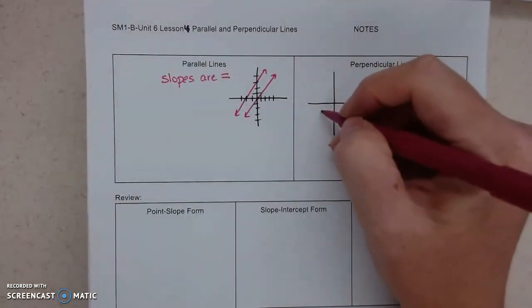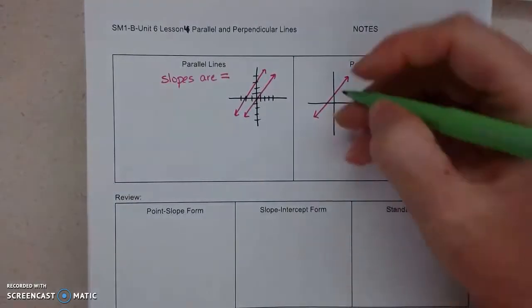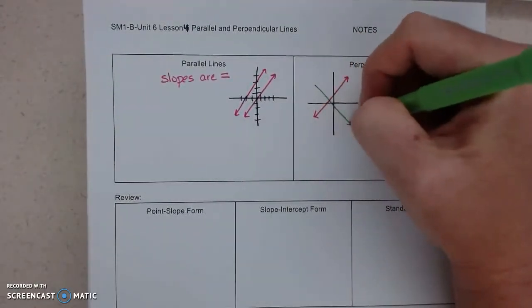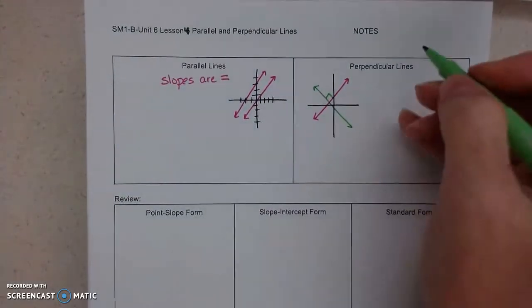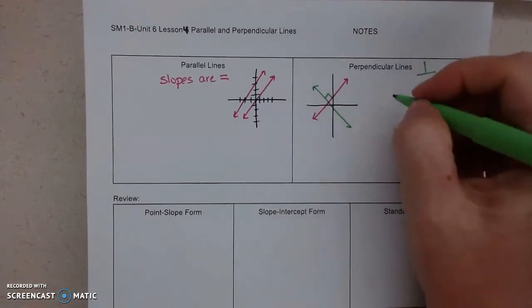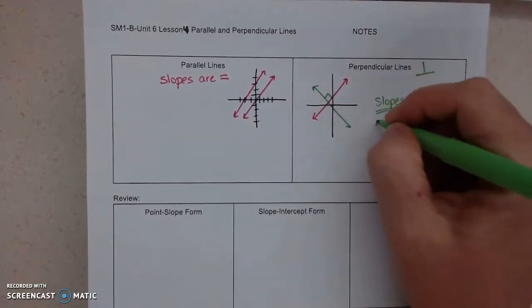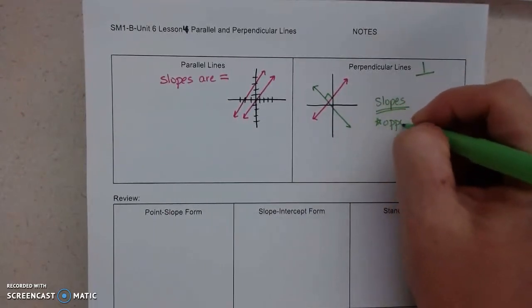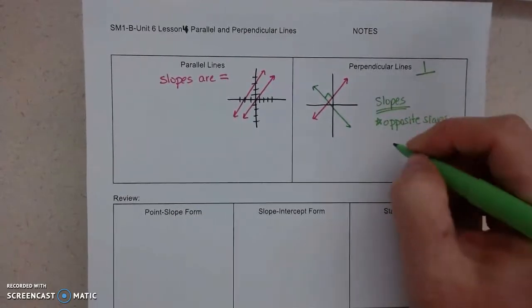Perpendicular lines actually form right angles with each other. So the symbol for perpendicular is this. And what's true is that the slopes of each line, they are opposite signs, and they are reciprocals.